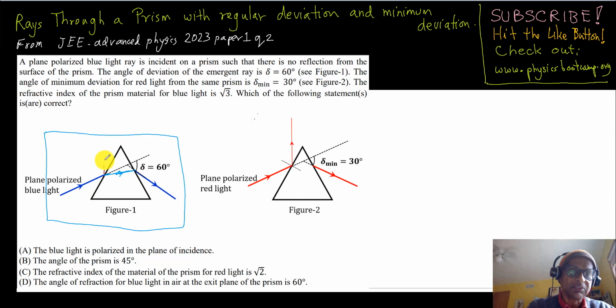No reflection will come out like this. Which means this is the only time reflectance is zero: when you shine the light at Brewster's angle and it's transverse magnetic.